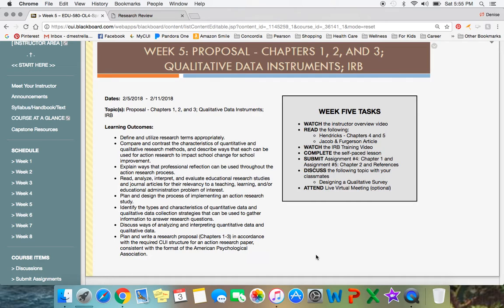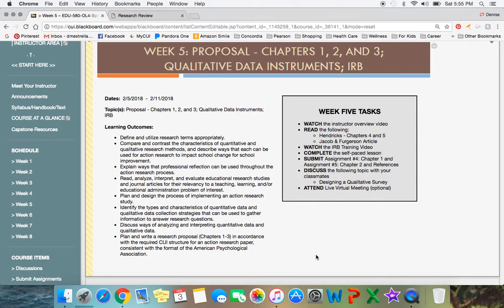Read, analyze, interpret, and evaluate educational research studies and journals for their relevancy to a teaching, learning, and/or educational administration problem of interest. Plan and design the process of implementing an action research study. Identify the types and characteristics of quantitative data and qualitative data collection strategies that can be used to gather information to answer research questions.